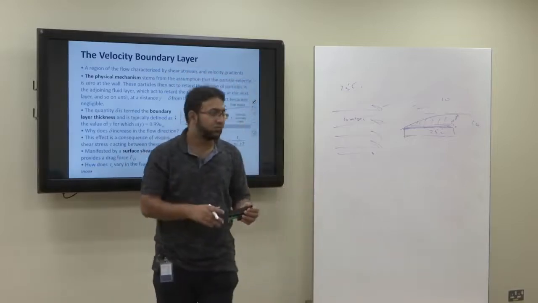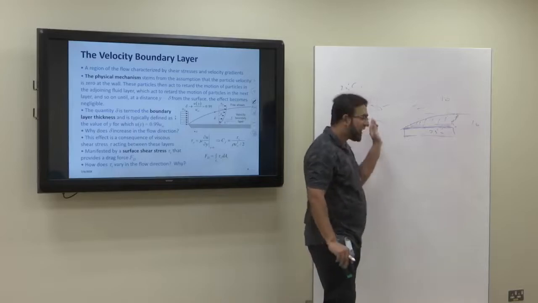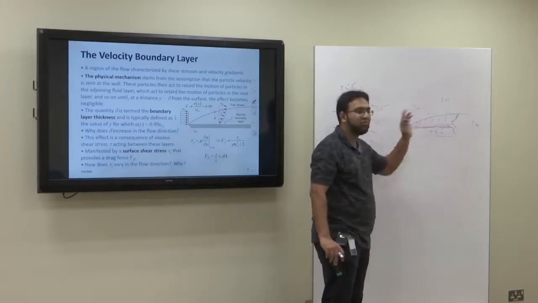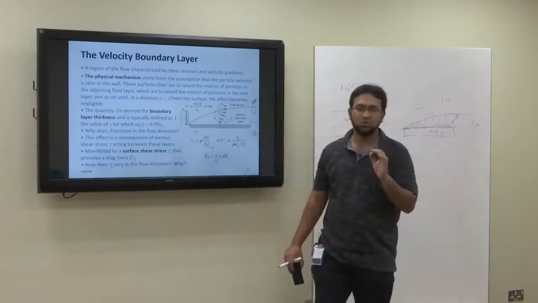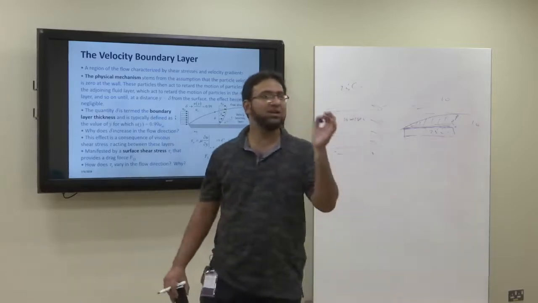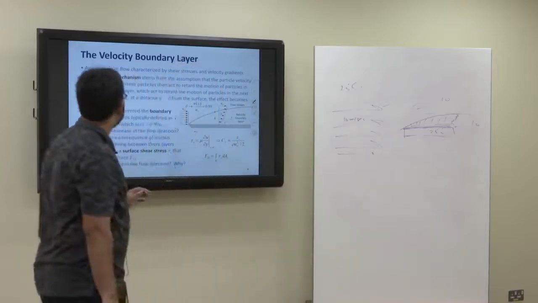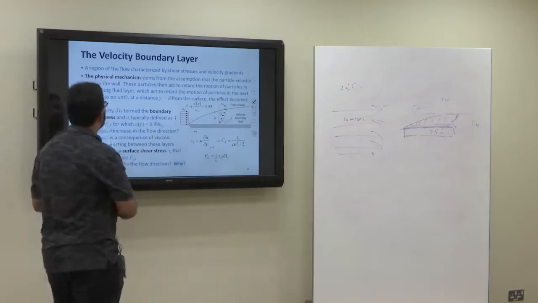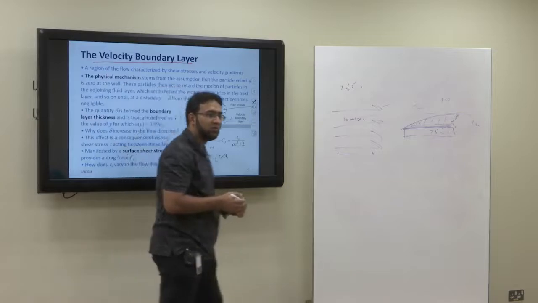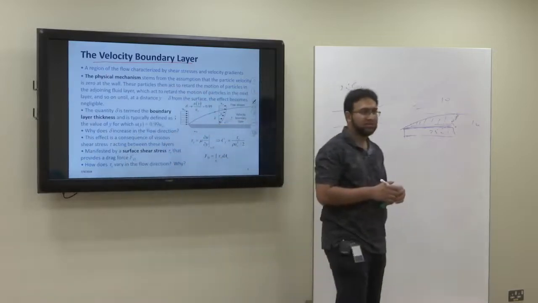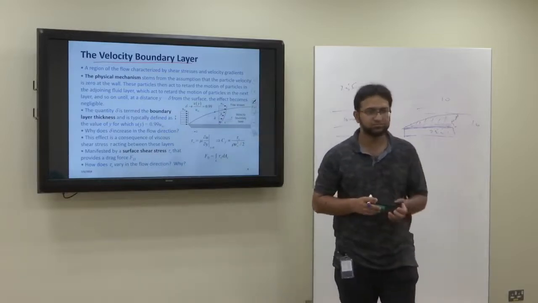But because this object is stationary and the air was moving, we have a specific region where we have a velocity gradient. That region is known as the boundary layer region. So we call it the velocity boundary layer. Is it clear? Do you understand this concept or not? Okay.